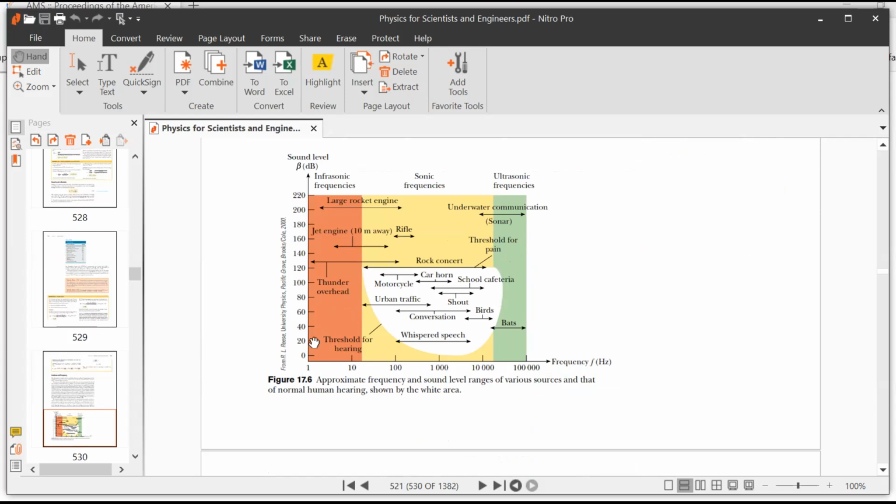So we have 0, 20, 40, 60, up to 120 decibels, and this is 1, 10, 100, 1,000, 10,000, 100,000 hertz, the frequency. This is in decibels.